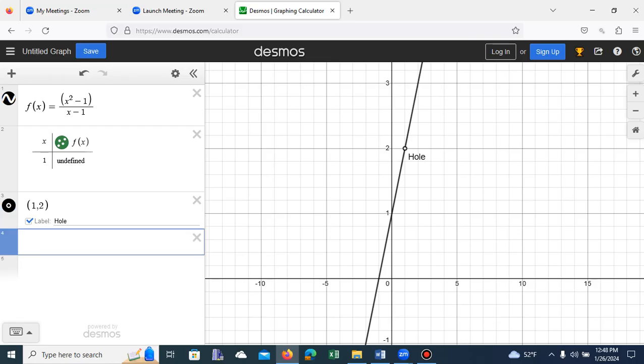And so we call this a removable discontinuity at x equals 1.